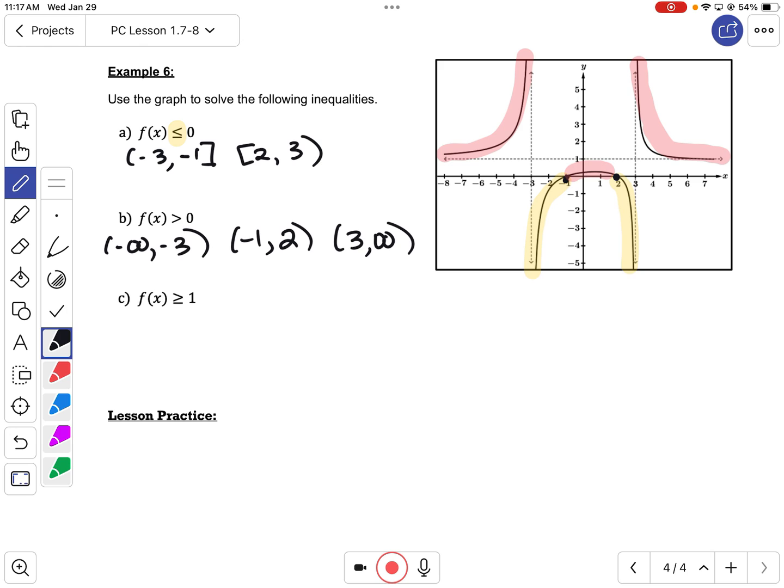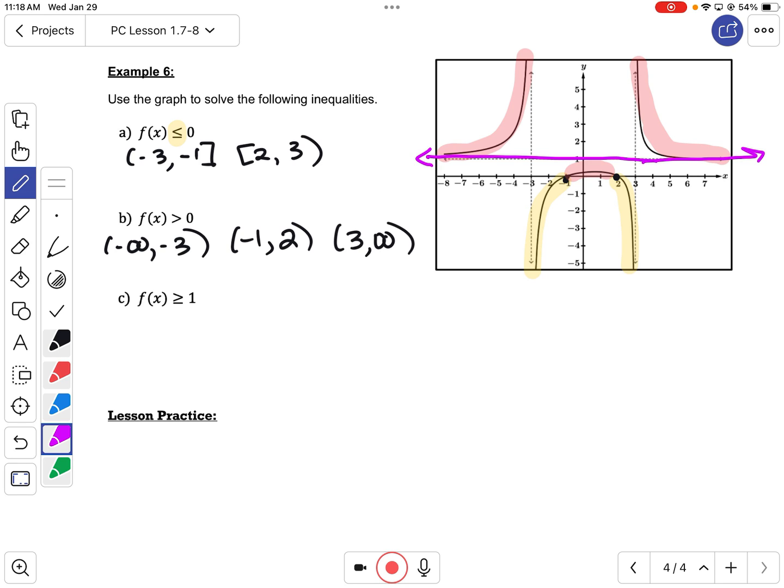All right. Last one. The nice thing about graphs is we can do some of those inequalities that are not around 0, okay, because they give me the picture. So for this one, I'm looking for where this graph is greater than or equal to 1. Okay? In other words, where is it above that purple line that I just drew?